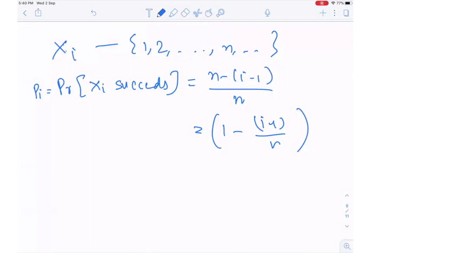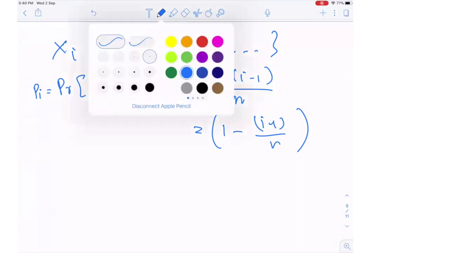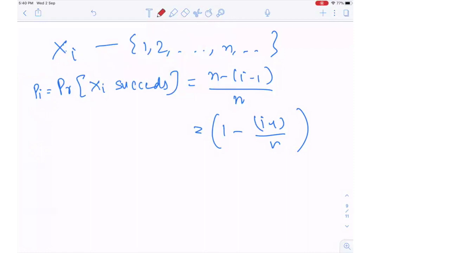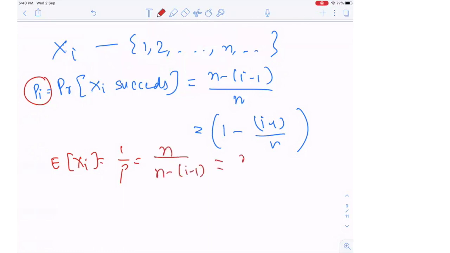In the third chance? Fail, fail, success. So this is why this is a geometric distribution with probability pi. Okay. So what is the expectation of xi? It is 1 over p, which is the same as n divided by n minus i minus 1, which is n by n minus i plus 1.